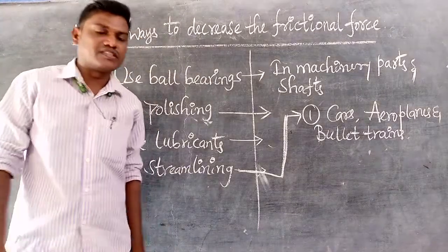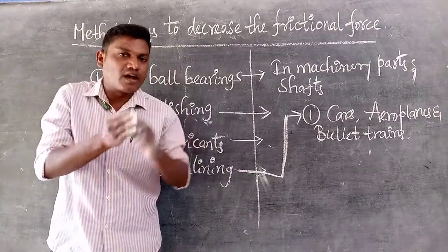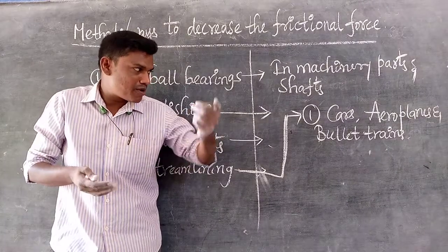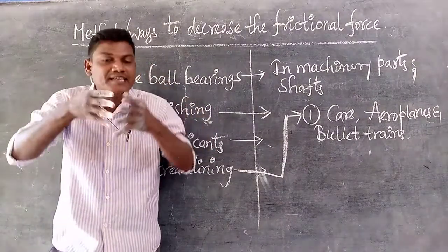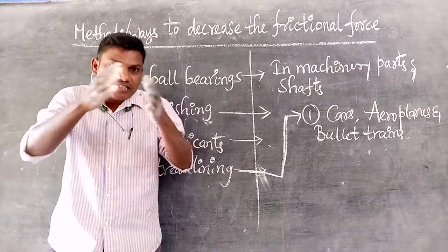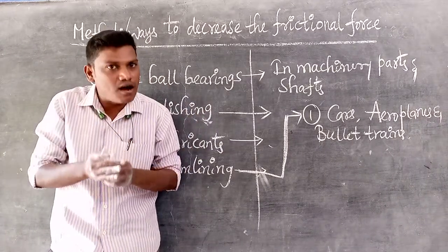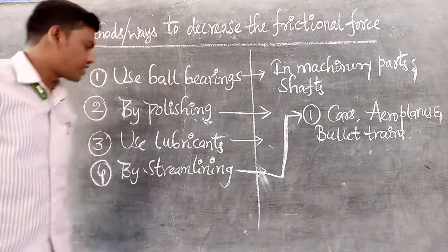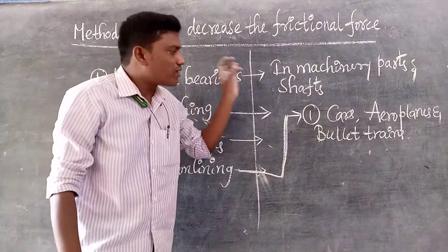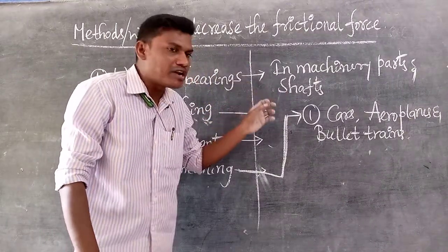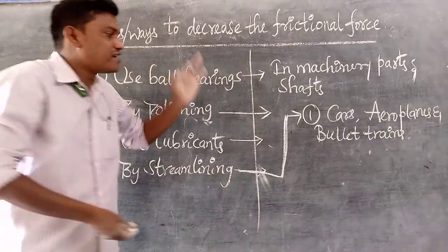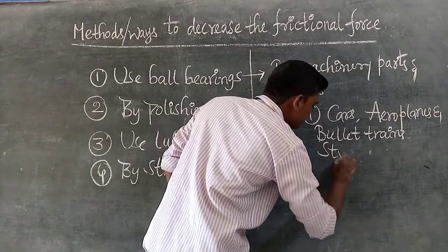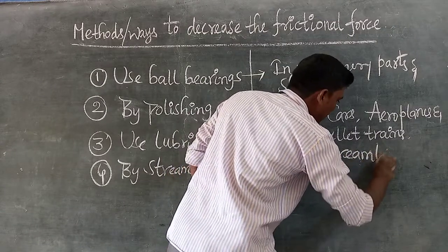You are observing that the shapes of some of the sports cars, aeroplanes and bullet trains are specially designed. The special design we call streamline. Listen very carefully. The shapes of the car, aeroplanes and bullet trains are specially designed. This is called streamlined.